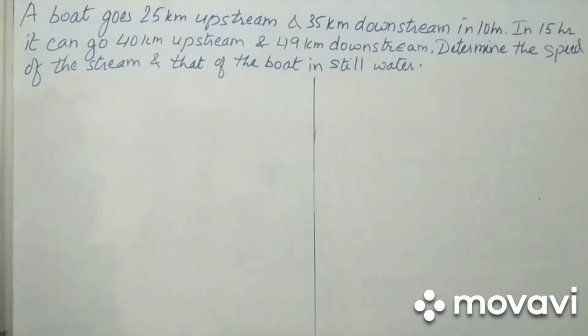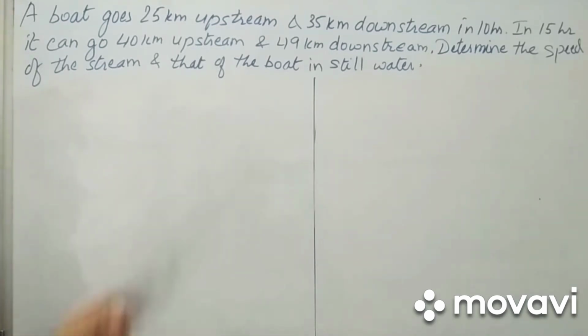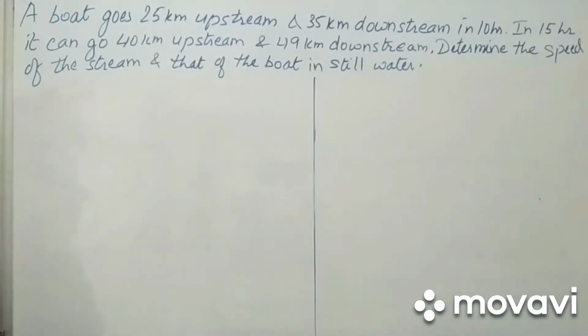Good morning students. Today we are going to solve one example which is very important from exam point of view. A boat goes 25 km upstream and 35 km downstream in 10 hours.